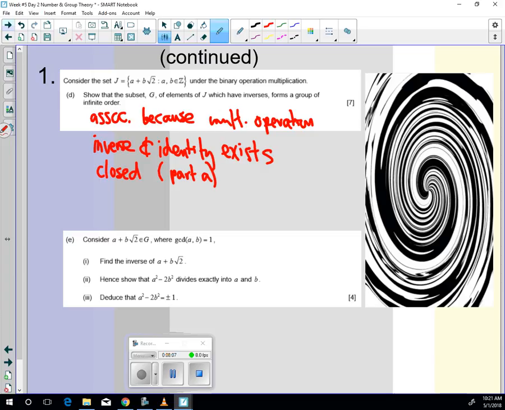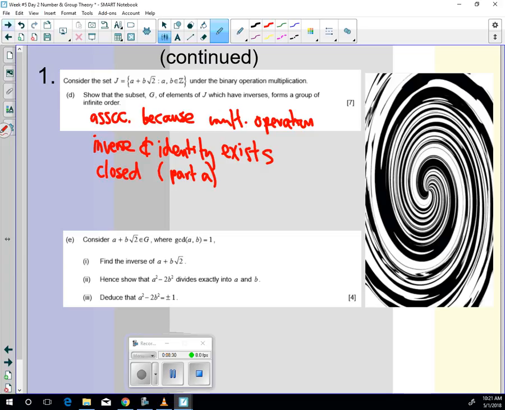So associativity, inverse, identity, closed, and then it says forms a group of infinite order. If multiplication works, will that power work?